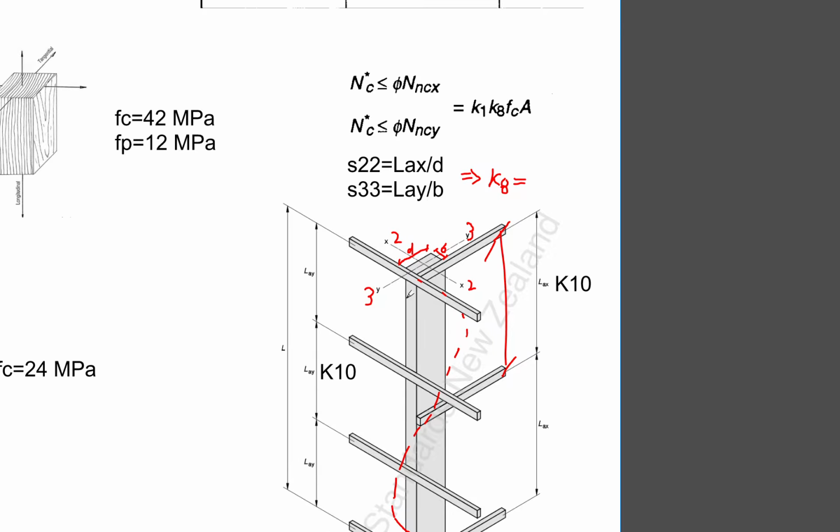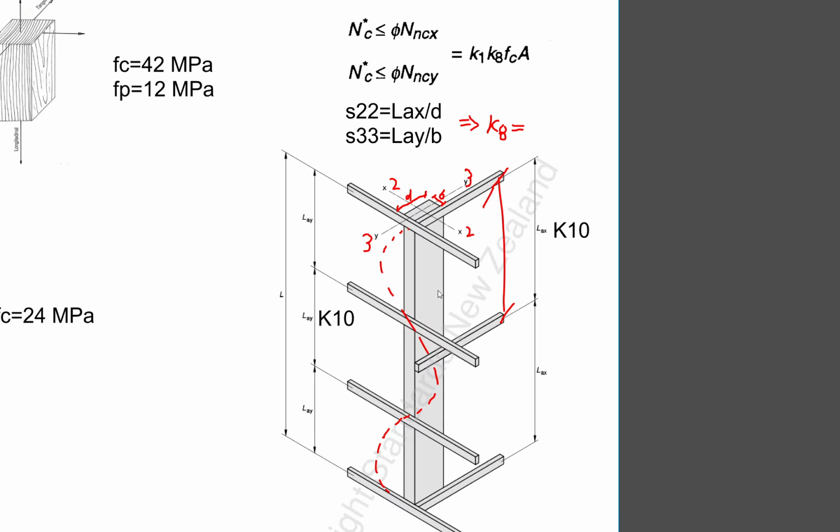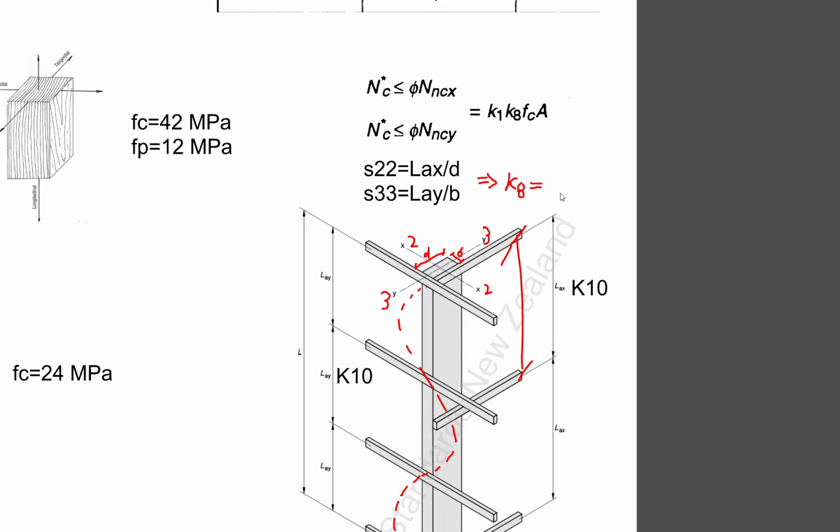For the Y-axis, what's restraining it are those girts attached to my column. When you try to bend, it's going to bend like that. That's my Y-axis buckling shape.